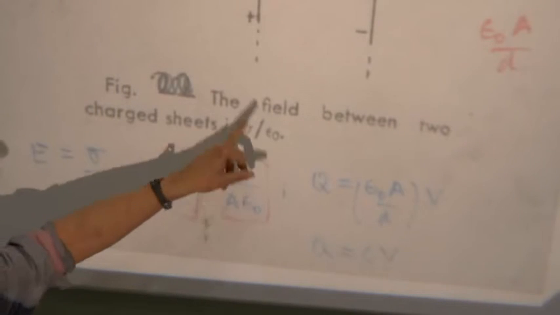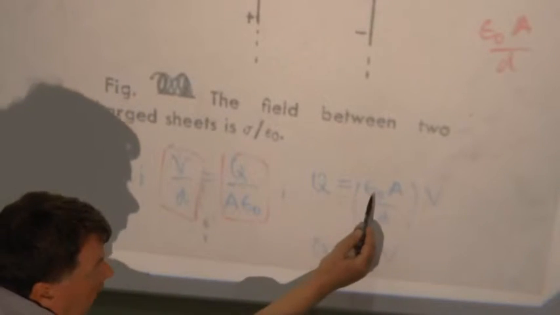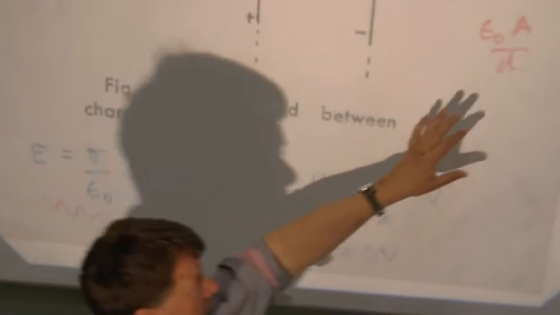We can always rewrite sigma as Q over A. Then clearly, if we write Q is equal to CV, we can immediately identify this epsilon naught A over D with the vacuum capacitance as written there. So that is the facts.